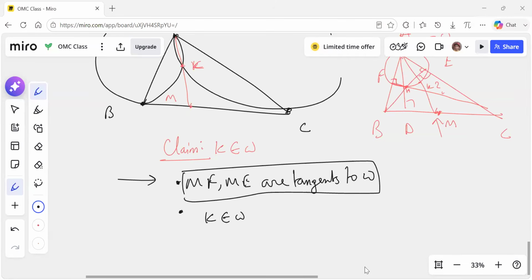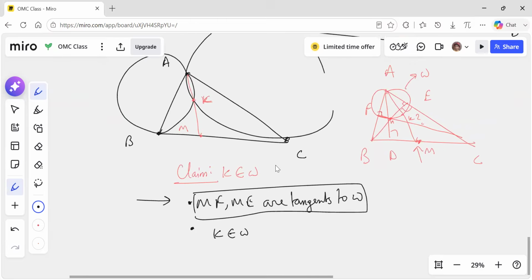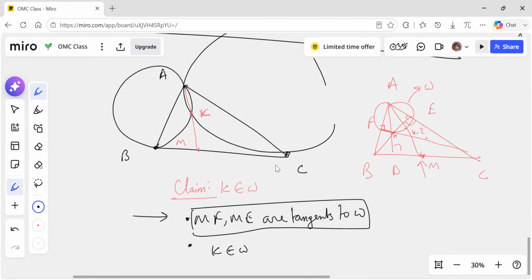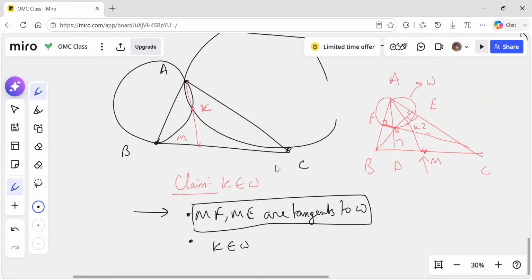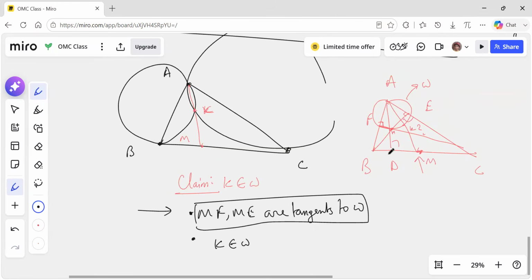Sir, we can invert. Okay, invert with radius MB. You can always invert, but since you're doing POP, I really don't want to go into inversion.